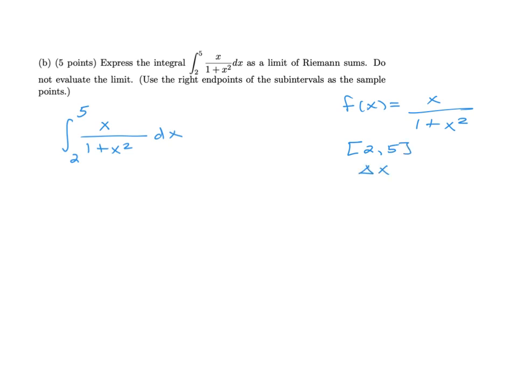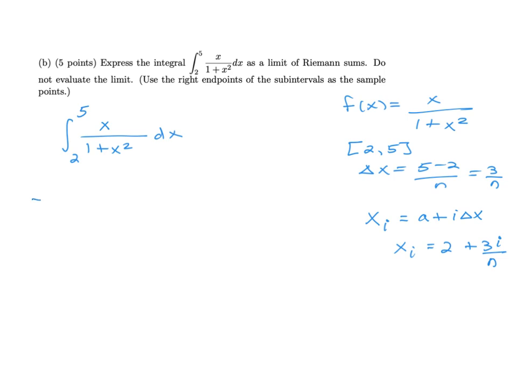This means that delta x is equal to 5 minus 2 over n, which is 3 over n. And x sub i is equal to our starting point plus i times delta x. And since the starting point is 2, and delta x is 3 over n, this is 2 plus 3i over n.